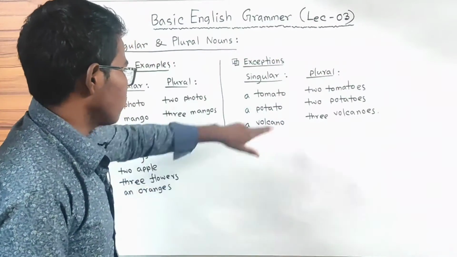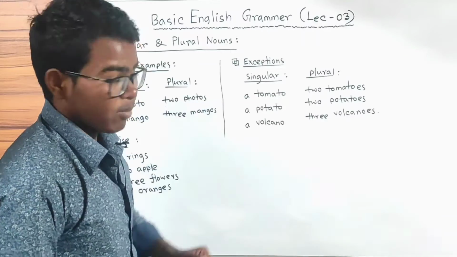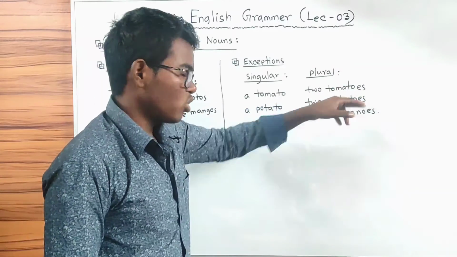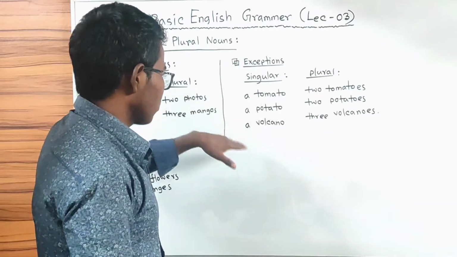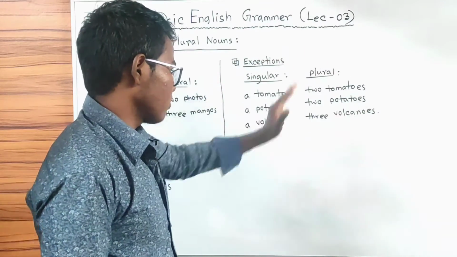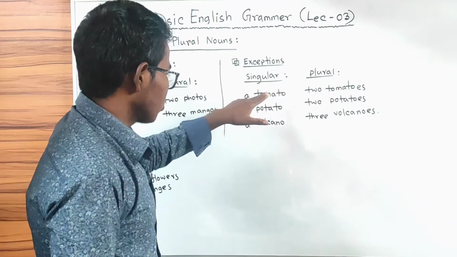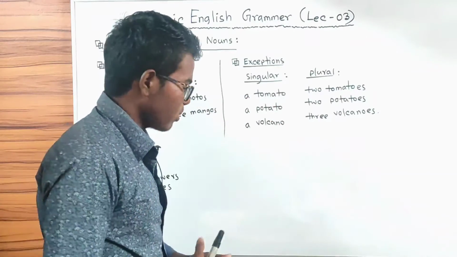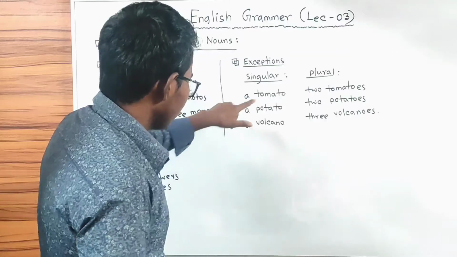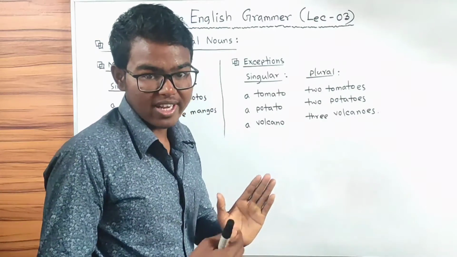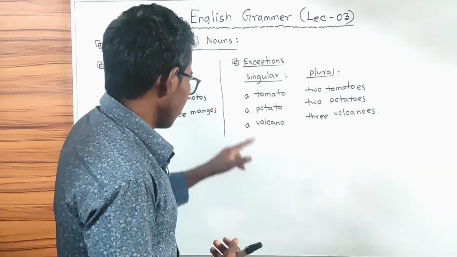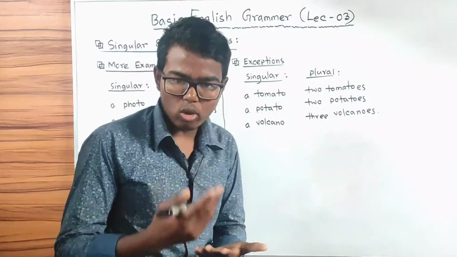Here also we have o at the end, but we put es to make them plural. Here are the singular forms and here are the plural forms. A tomato, that means one tomato, singular, we have o at the end and we have to put es instead of s to make it plural. A tomato, two tomatoes.